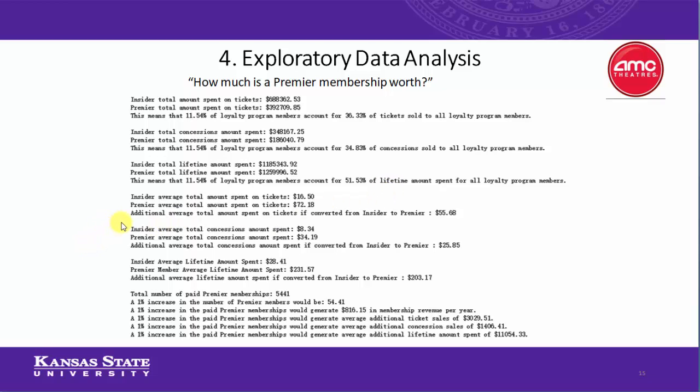And also additional average total amount spent on tickets if converted from Insider to Premier. Additional average total concession amount spent if converted from Insider to Premier. Additional average lifetime amount spent if converted from Insider to Premier.